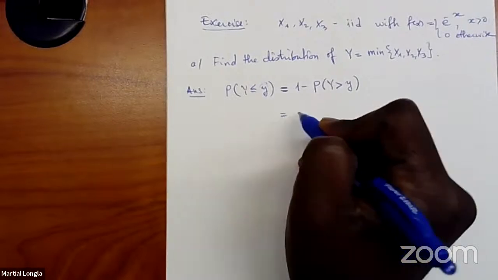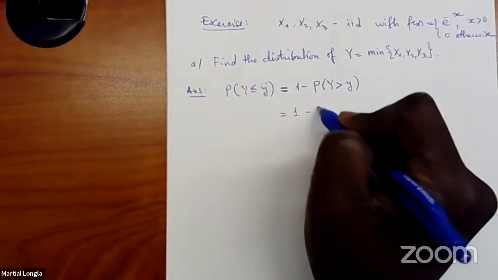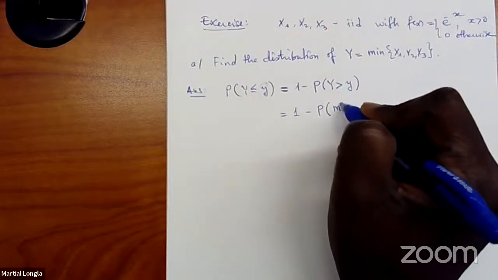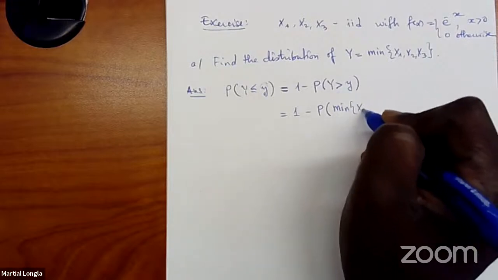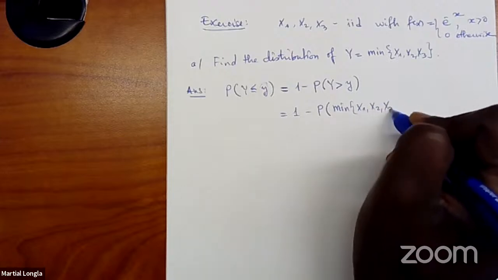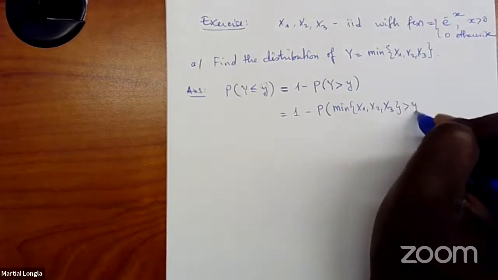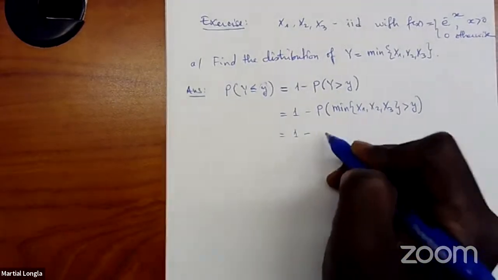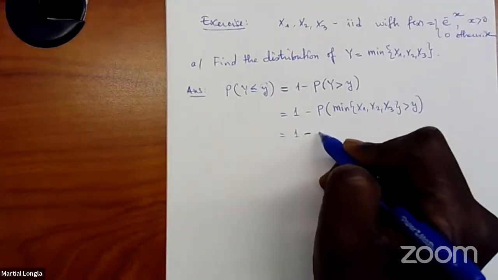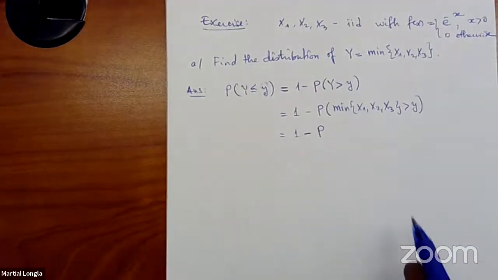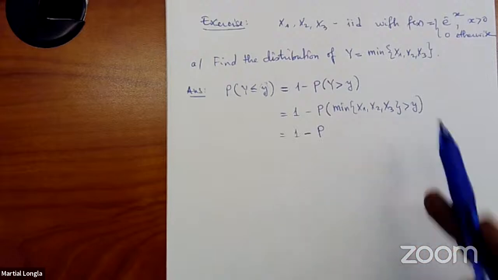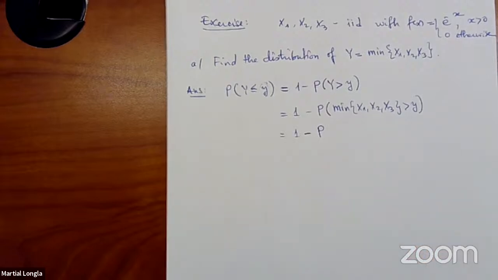And that is 1 minus the probability that the minimum of x1, x2, x3 is larger than y. If the minimum is larger than y, then for sure each of them is larger than y, right?